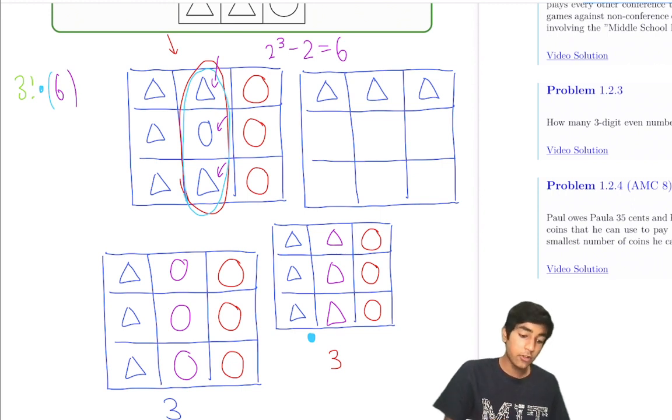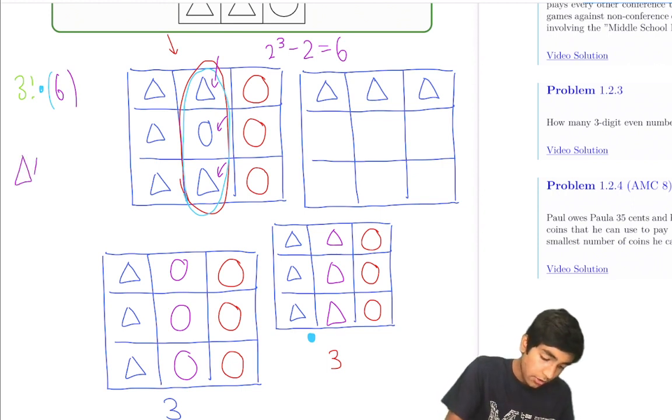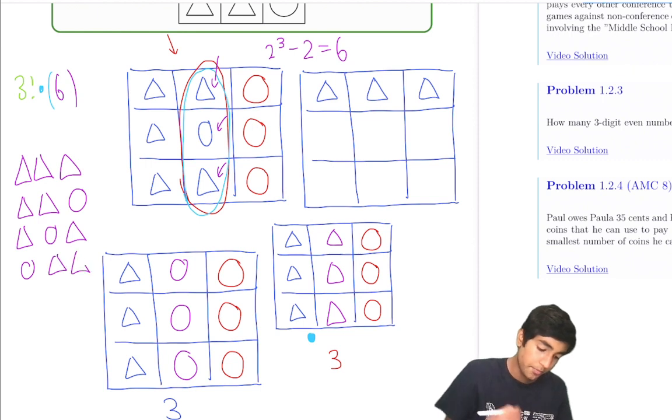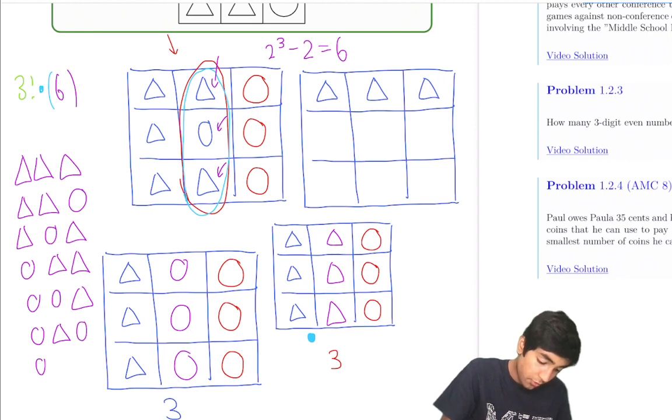Another way to see this is just to write out all of the cases. Triangle, triangle, triangle, triangle, triangle, circle, triangle, circle, triangle, circle, triangle, triangle, or we could also have circle, circle, triangle, circle, triangle, circle, and then triangle, circle, circle. Or we could have 3 circles.